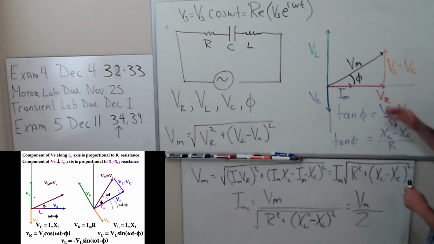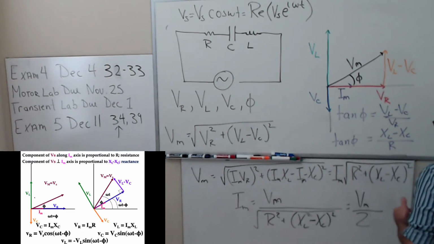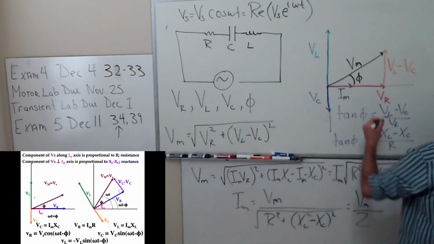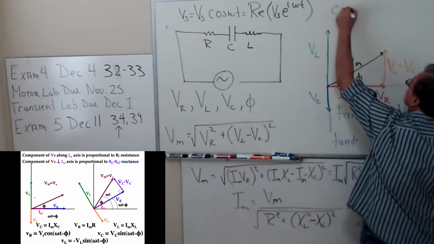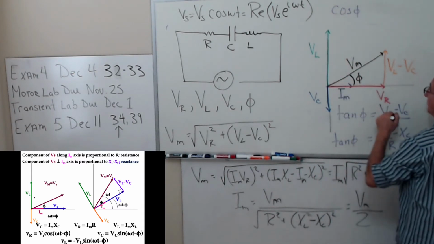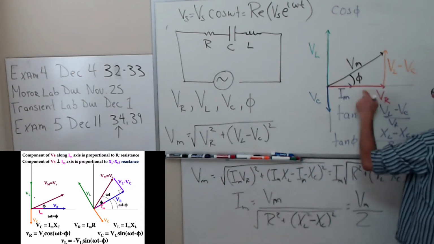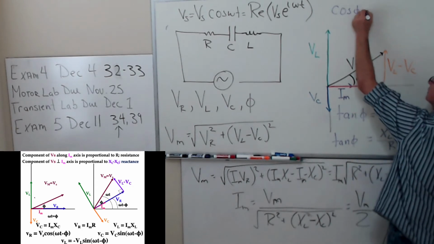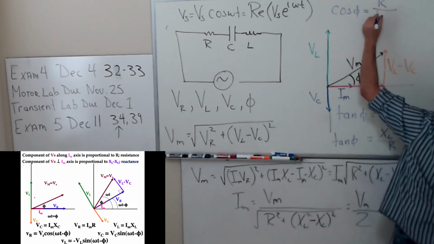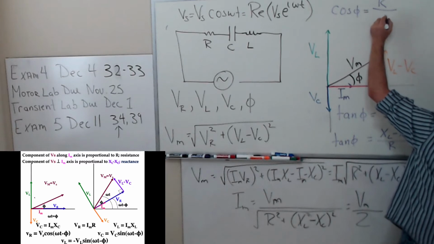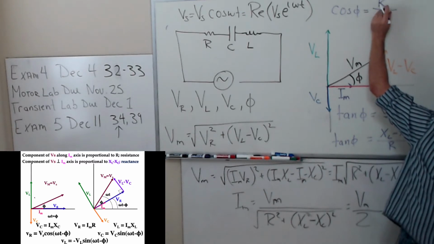We can also write an expression for cosine of phi, which is going to be adjacent over hypotenuse. Well, let me do it this way.